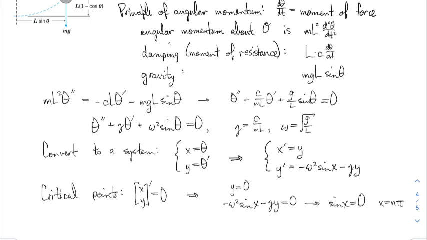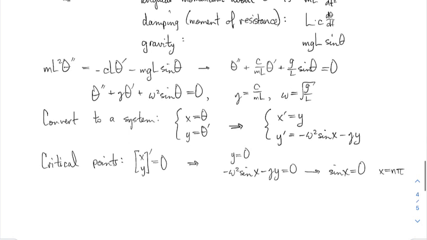Okay, so now let's take a look at what happens. If we take 0, 0, or more generally, an even multiple of pi and 0, then this is going to be stable.